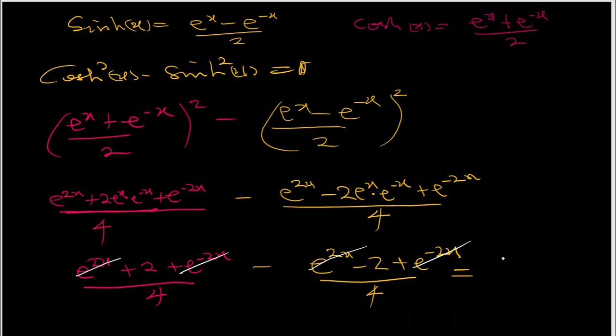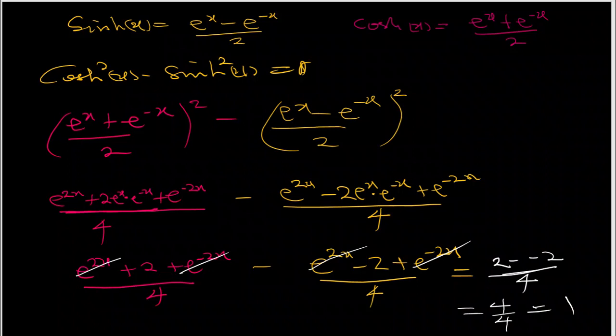Then we'll be left with 2 minus negative 2 all over 4. And 2 minus negative 2 becomes 4 over 4, and this will turn into 1. So this proves that cosh square x minus sinh square x is indeed 1.